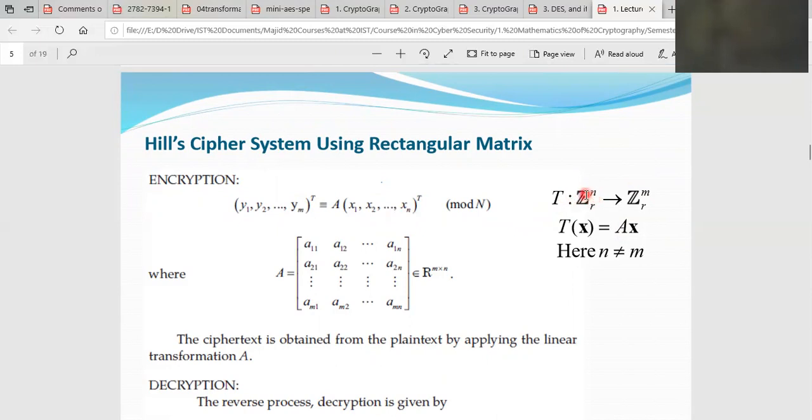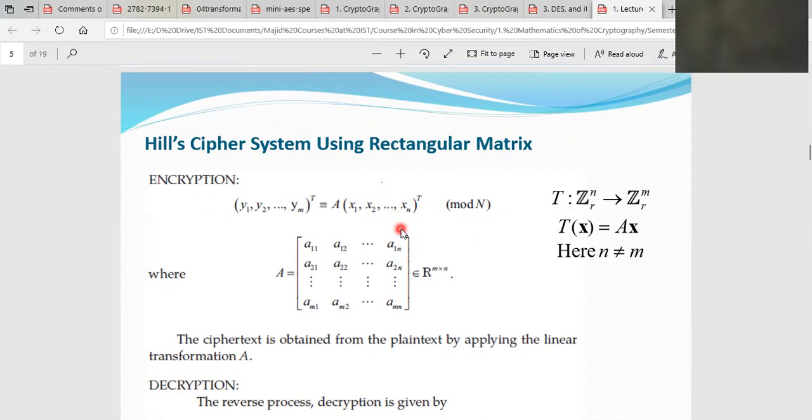These belong to Zr^n. The individual values are basically elements of Zr, and we call it the ground set. Zr is called the ground set, to which the individual elements belong.